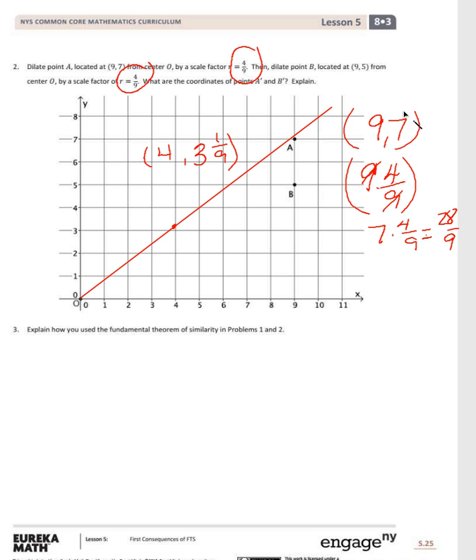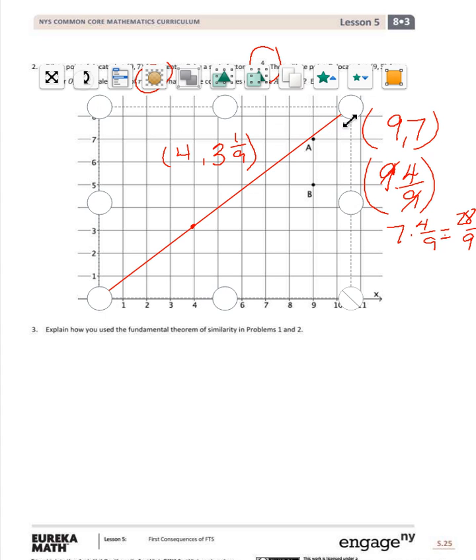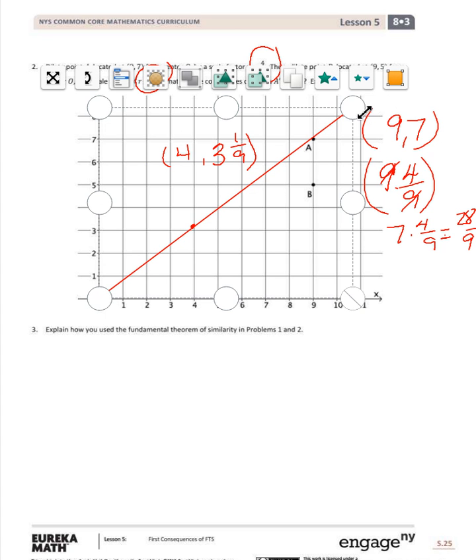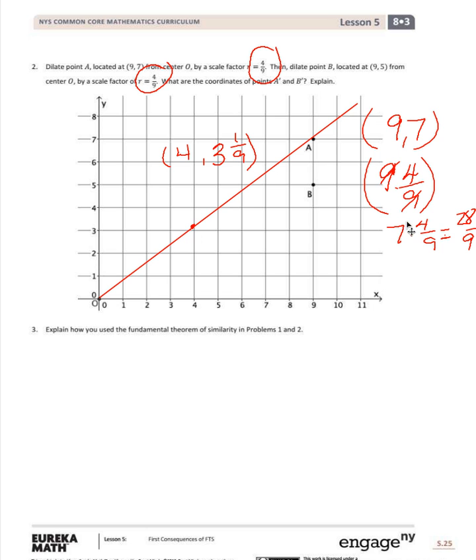Okay, oops, I just moved that off. And then our second one, there we go, let's look at that ordered pair. It is 9, 5. And let's go ahead and fill in. So we have 9 over 1 times our 4/9.